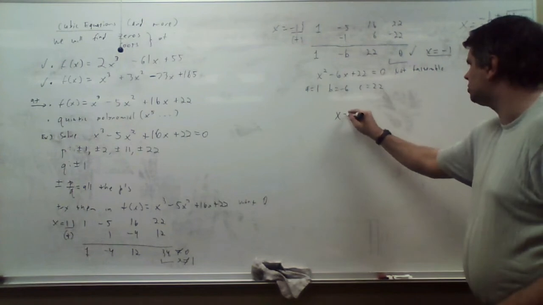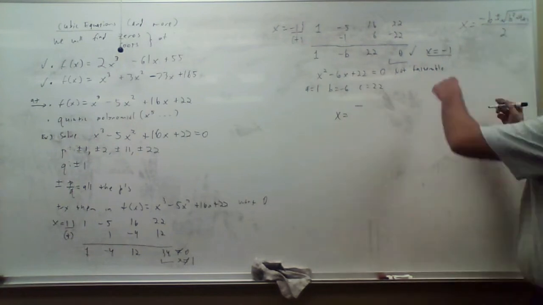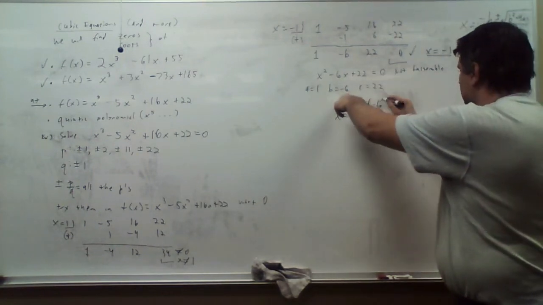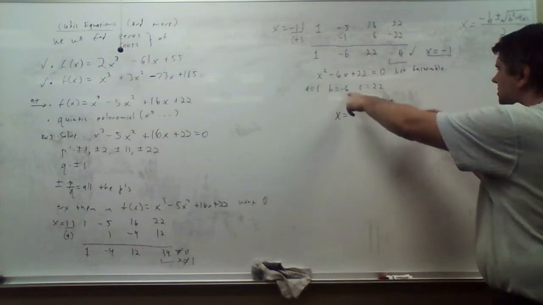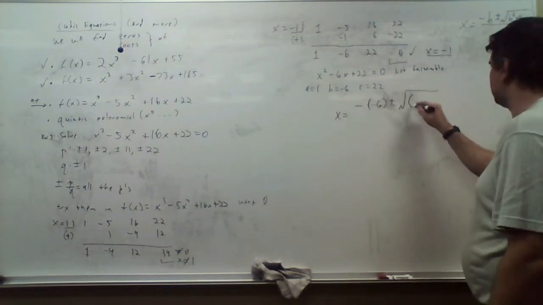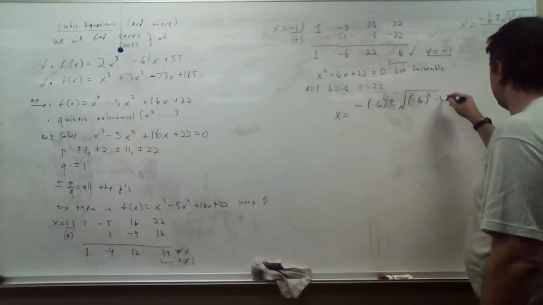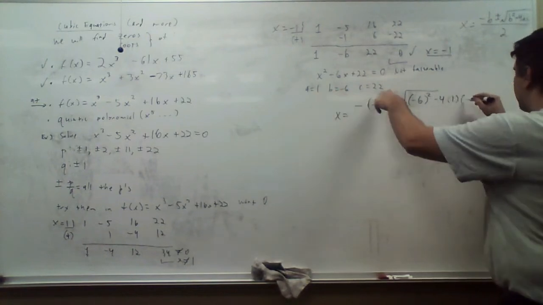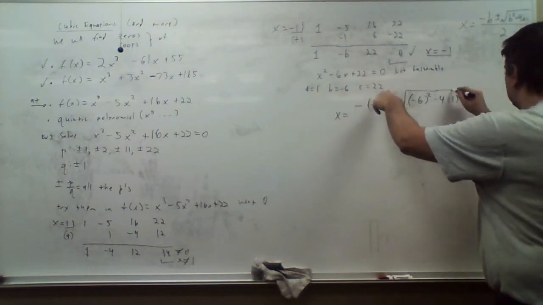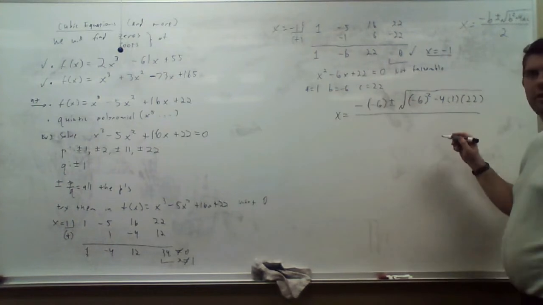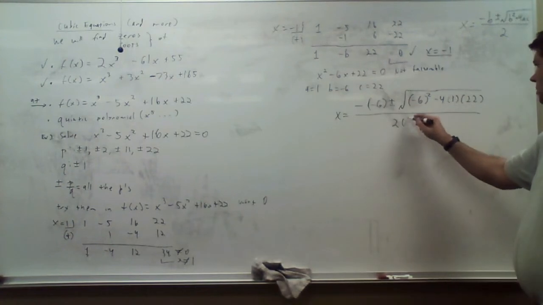So x equals negative b, so that's negative 6, plus or minus the square root of b, which is negative 6 squared, minus 4 times 1 times c, which is 22 in this case, all over 2 times the 1.